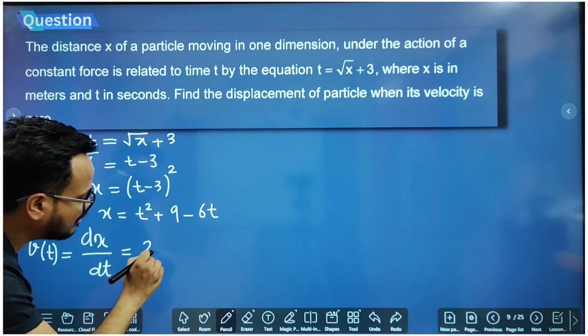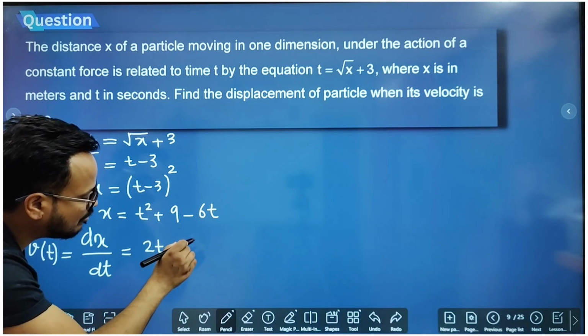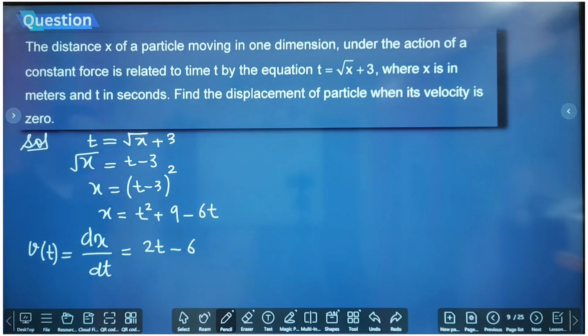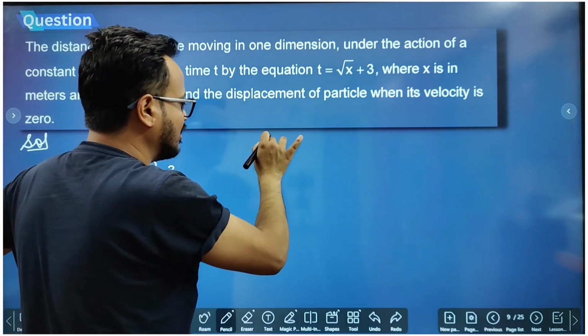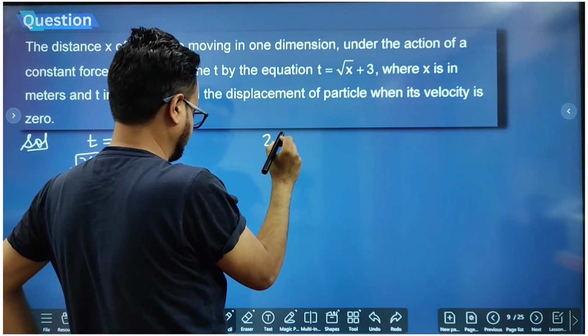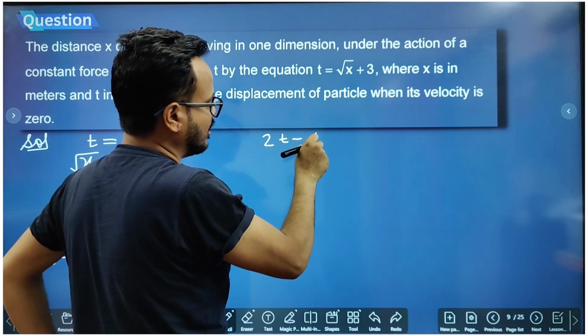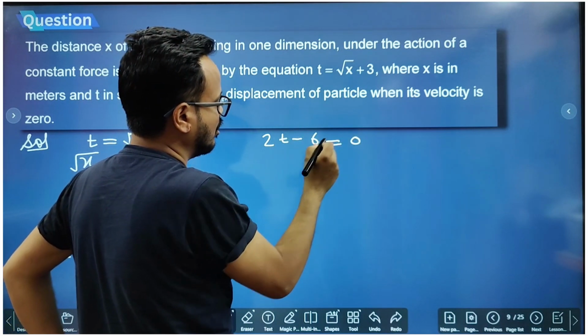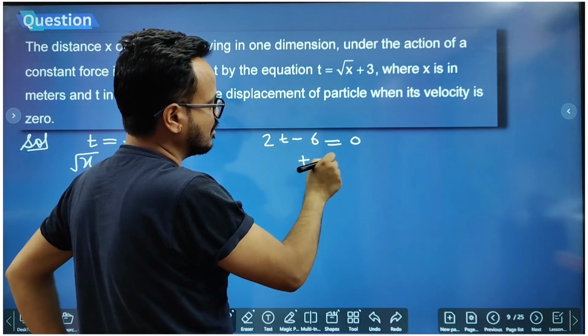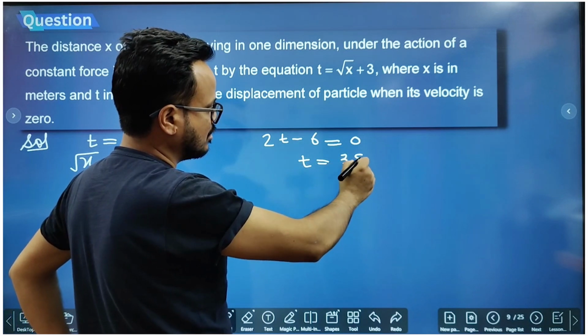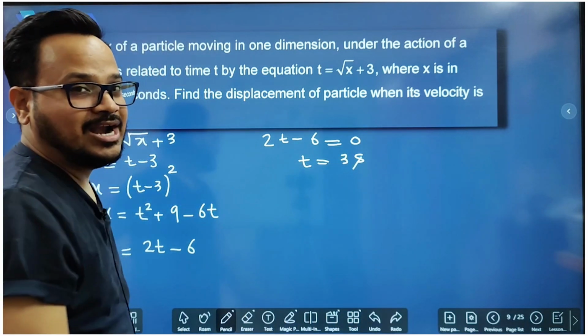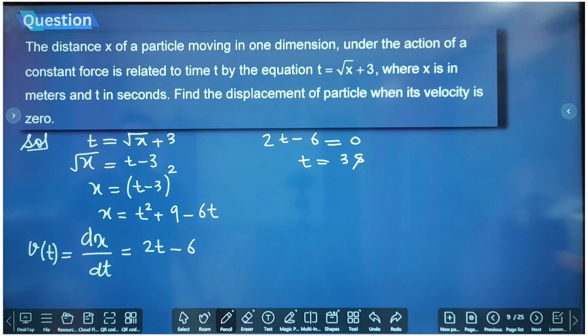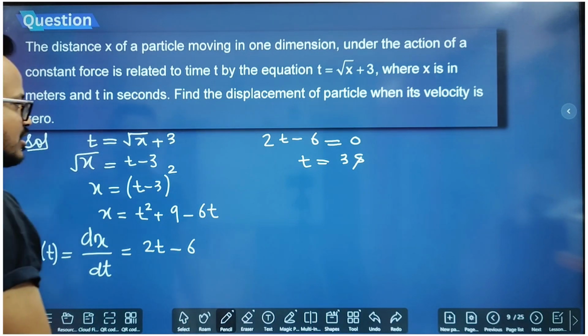So derivative of t square is 2t, derivative of 9 is 0, and derivative of 6t is 6. Now this is the velocity function. So when will the velocity be 0? Velocity will be 0 when we put this equal to 0. t comes out to be 3 seconds. So velocity is 0 at t equal to 3 seconds.